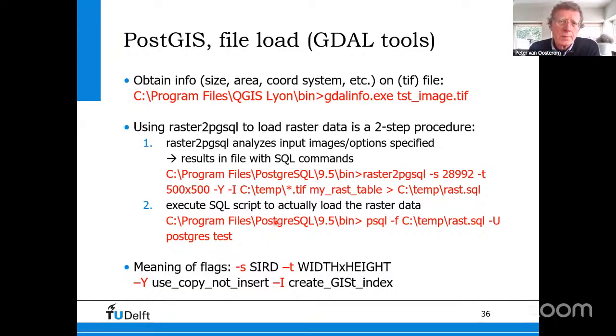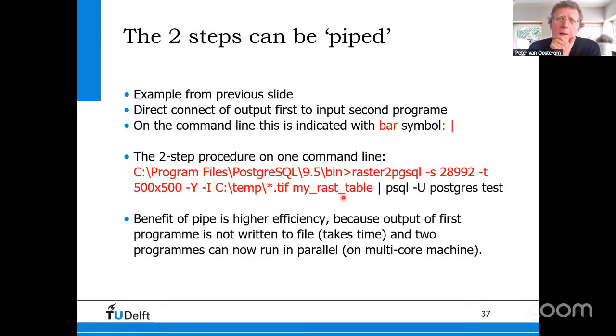So it's a two-step procedure, a bit clumsy, you could say. And we need a lot of temporary storage because the image is converted into SQL statements. That takes storage space for a while.